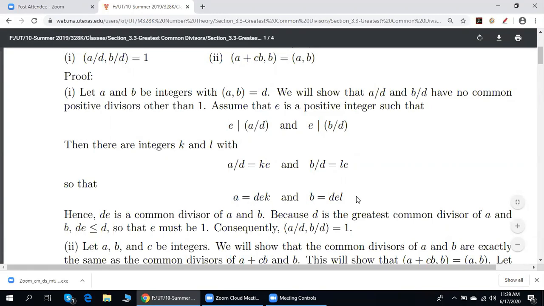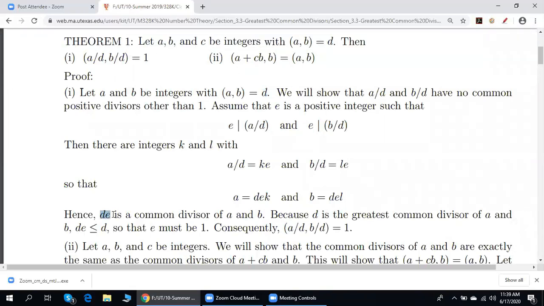Now let us go back to sentence number 1. Remember, we denoted the greatest common divisor of a and b by d. d is the greatest common divisor. de is a common divisor. Since d is the greatest common divisor and de is a common divisor, de is less than or equal to d.